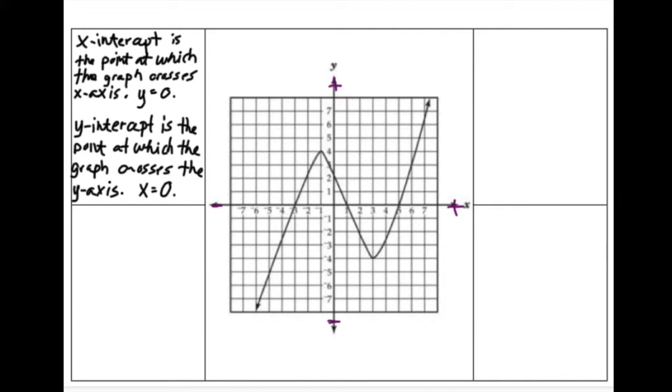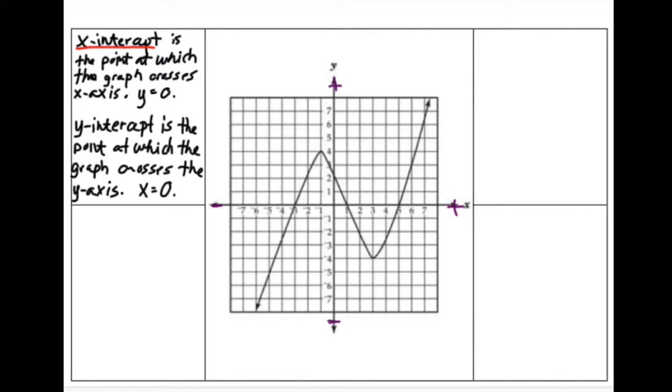Here's where your colors are going to come in. You're welcome to use the same colors that I am. You're also welcome to use different colors, but try to stay consistent with regard to what you're circling. So for example, the x-intercept. I'm going to use red to highlight the x-intercept, and then I'm going to look at my graph and find the x-intercepts. There are more than one, right?